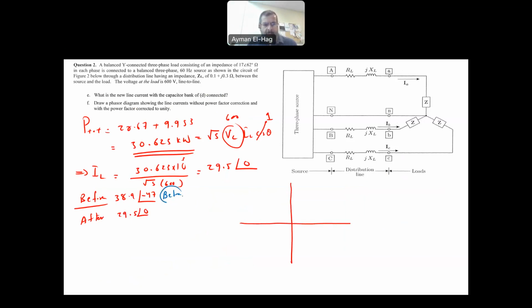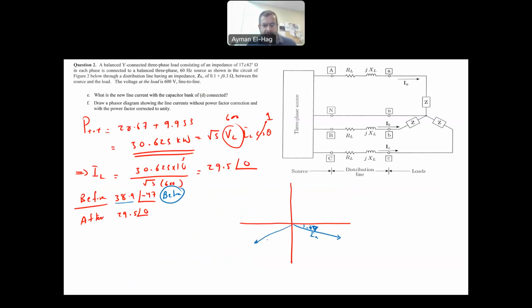So this is before, here, blue. We'll have 38.9. This is the current in phase A, IA. The angle here is minus 47. Then you will have the other current, which is minus 120 of that, which is minus 47, okay, so this is minus 167.